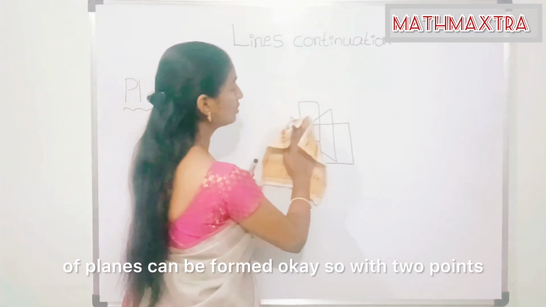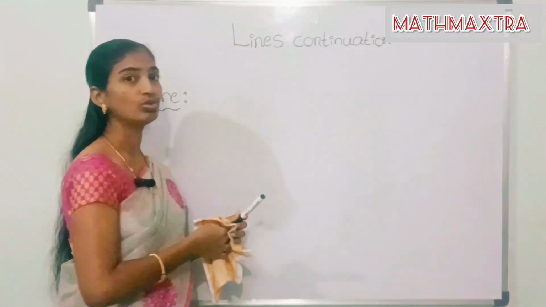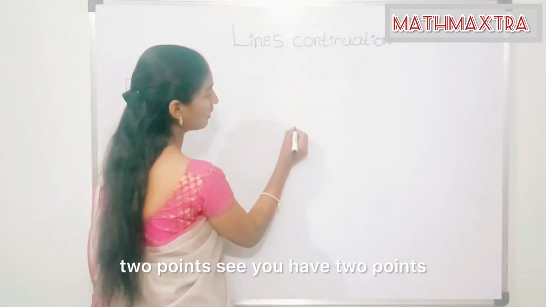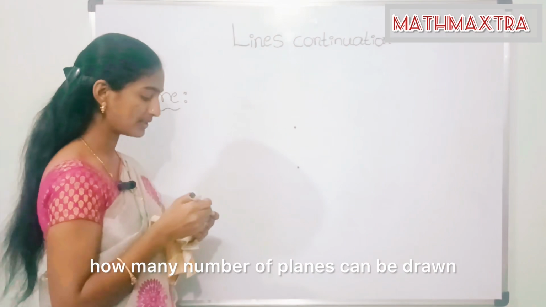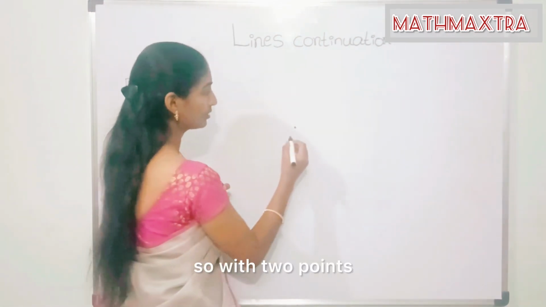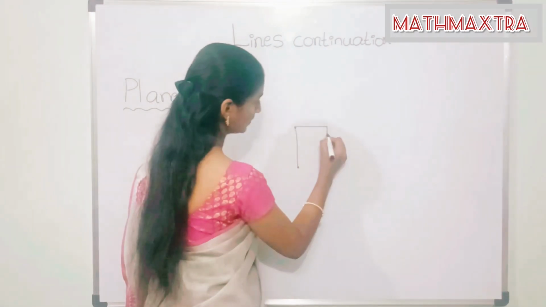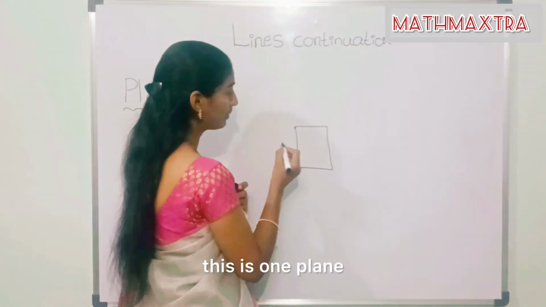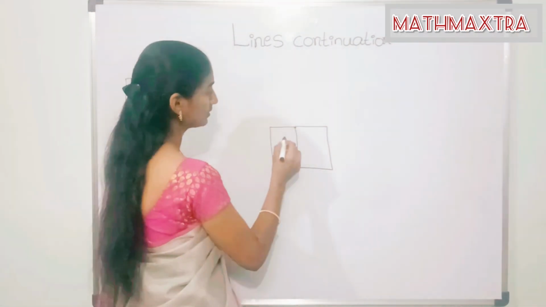Okay. So with 2 points, how many planes can be drawn? See, you have 2 points. How many planes can be drawn? With 2 points, this is one plane and this is another plane.